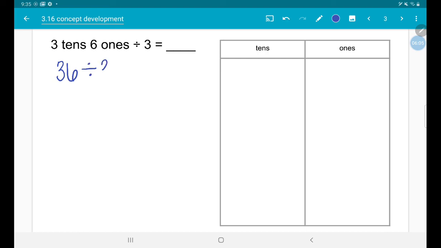So go ahead and put your 36 on your place value chart. We're putting it in 3 groups. Go ahead, if you haven't already, and draw your groups.